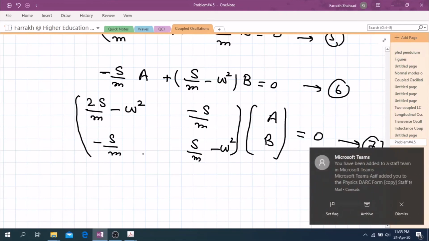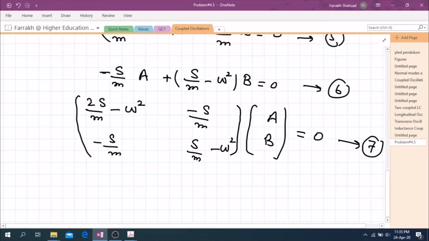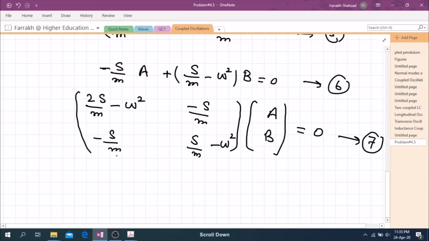This equation 7 will have a solution only if the determinant of this matrix is equal to 0.